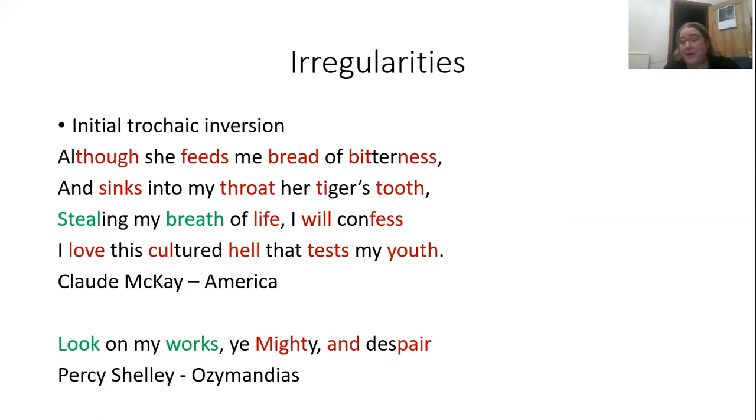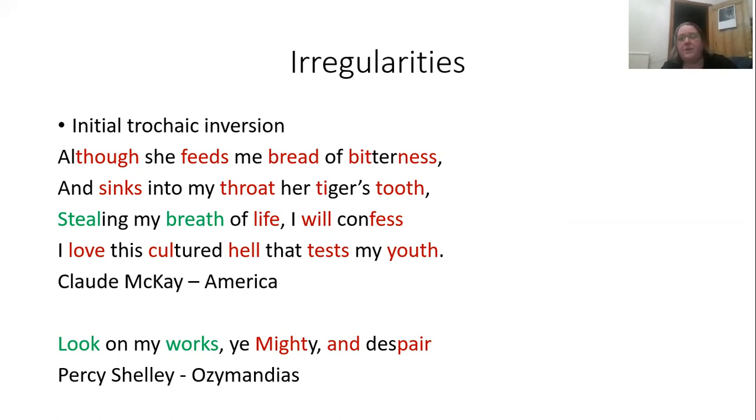Similarly, in line 2, you have an irregularity which lends itself to the imagery being used: and sinks into my throat, her tiger's tooth. You have a pyrrhic there, I would say, in 'and sinks into my throat'. For me, that draws out this sense of the elongated moment, the sinking into the throat as the slow tear. You might disagree. See what your comment would be.